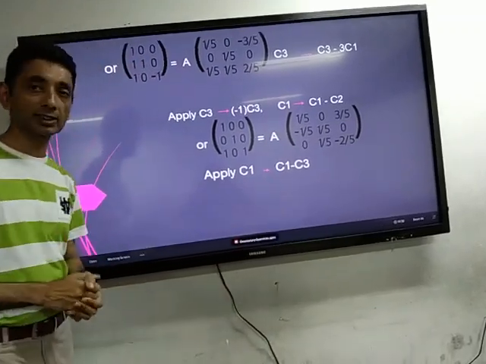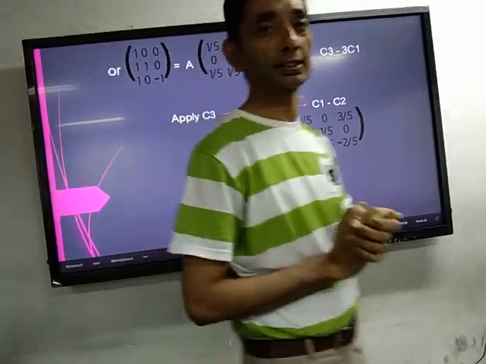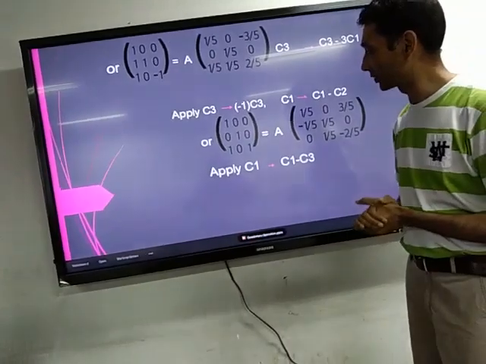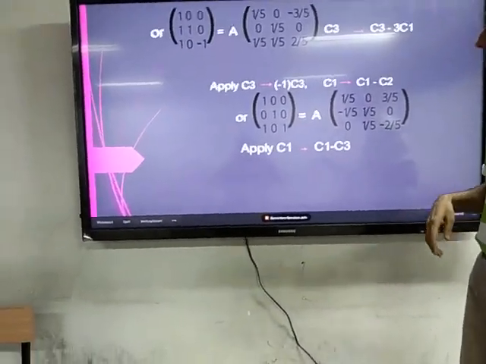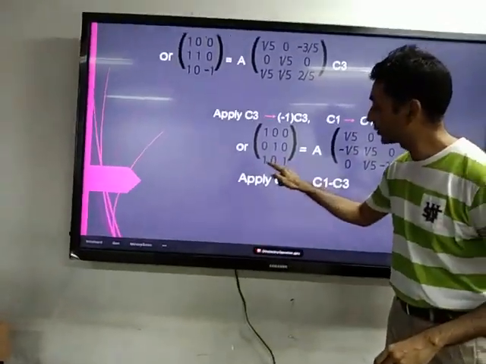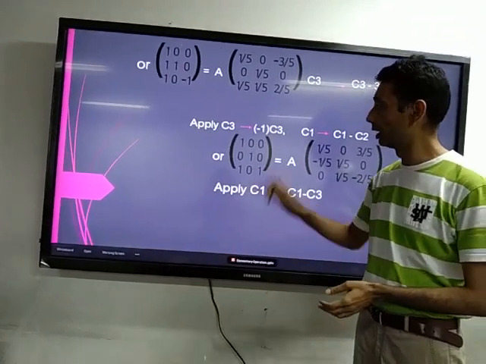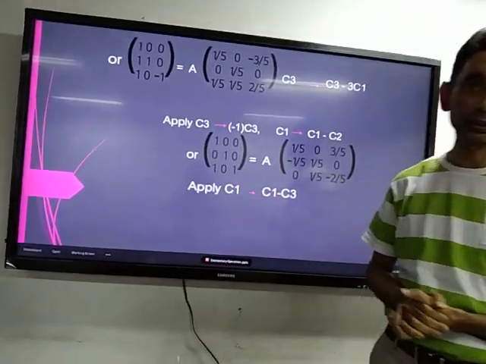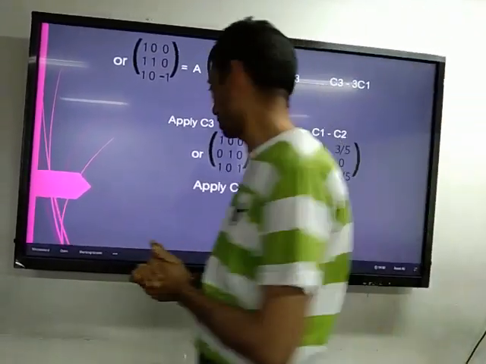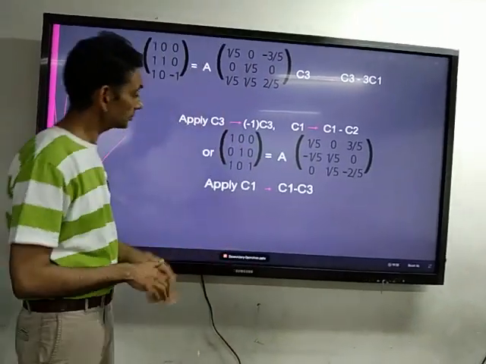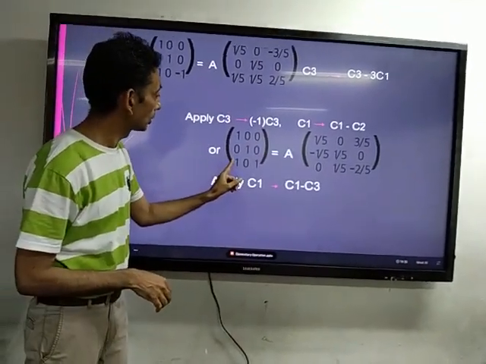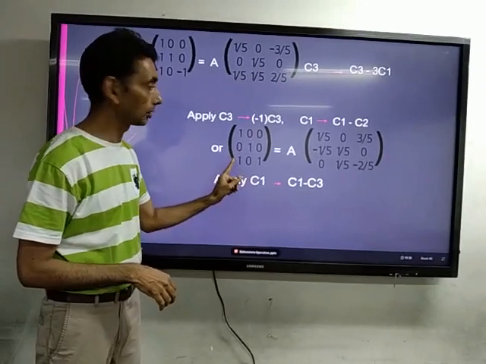Okay students, you are very, very close to the answer. What is left? Only one particular number. What is that? The 3,1 position element. I hope by this time the step is coming to your mind. Yes, this element you need to make 0. How can you do that?